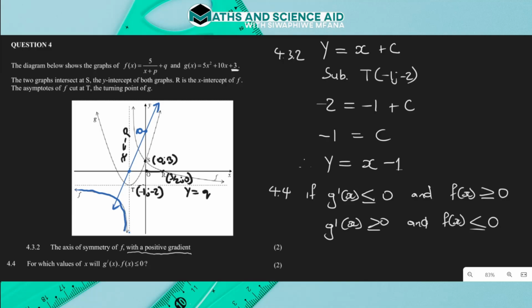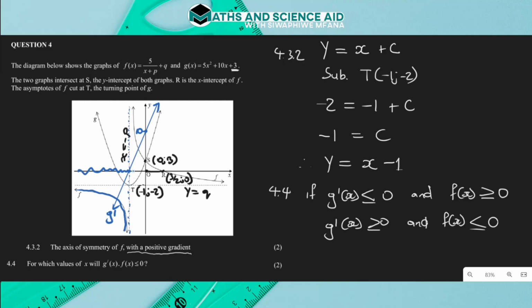However, if we go upwards, considering this domain of f, we notice that even g prime, so remember that this is our g prime, is also negative on this range. So it means that at any given point here, if we take the y value of f and the y value of g prime, they are both going to be negative, and therefore we are going to get a positive value here if we are multiplying them together. So the x values on this range are not going to work.